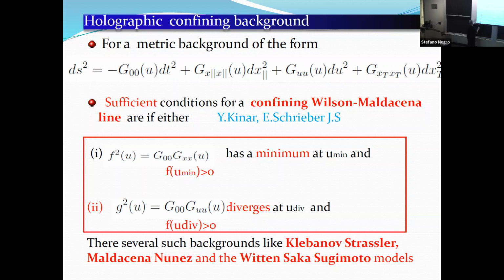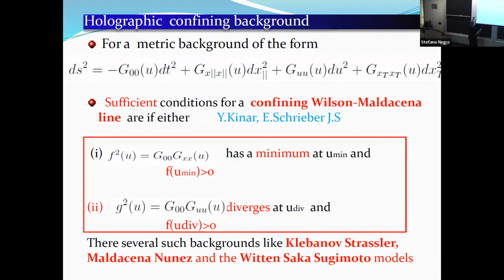Either the quantity G00 times GXX has a minimum and the value of this quantity at the minimum is positive, or this quantity G00 times GXX diverges, and at this point, again, the quantity is positive. This F is in fact the string tension, or the string tension is proportional to that. So once it is non-vanishing, there is a string tension and the system confines.